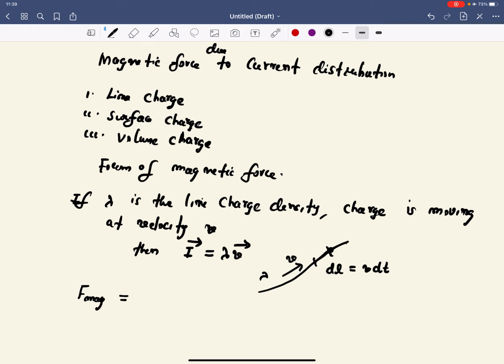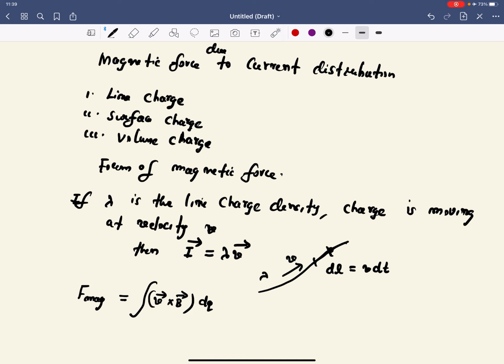It means the force is related to the magnetic field. So this can be written as v cross B into dq, because we have a continuous charge distribution.